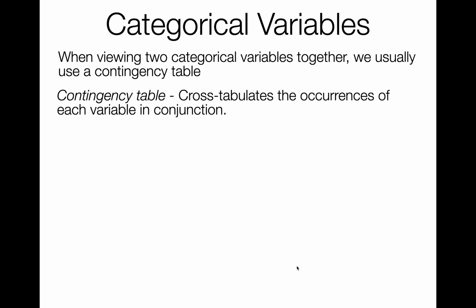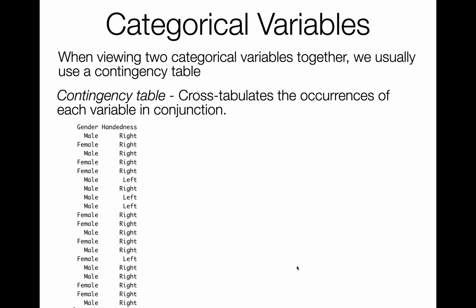A contingency table cross-tabulates the occurrences of each variable in conjunction. I'm sure that doesn't make it very clear what a contingency table is, but I'll show you what one looks like. I'll use an example from lesson 1, on gender and handedness. I also apologize that there's only male and female in this data set. It's just not large enough. There were no non-binary options.